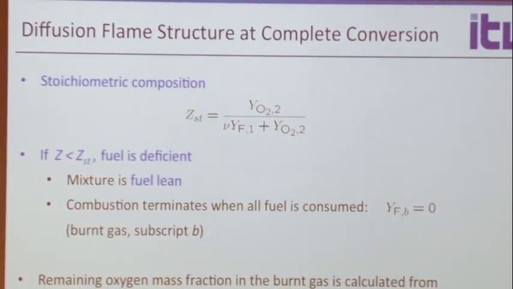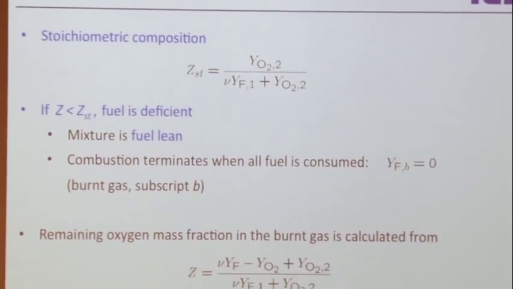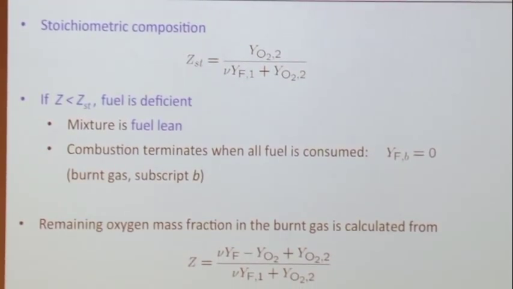Now if mixture fraction is smaller than stoichiometric, then you have more air or more oxygen than fuel in terms of the stoichiometric balance. And so the fuel will be all consumed and there's oxygen left. Combustion terminates here when all the fuel is gone.